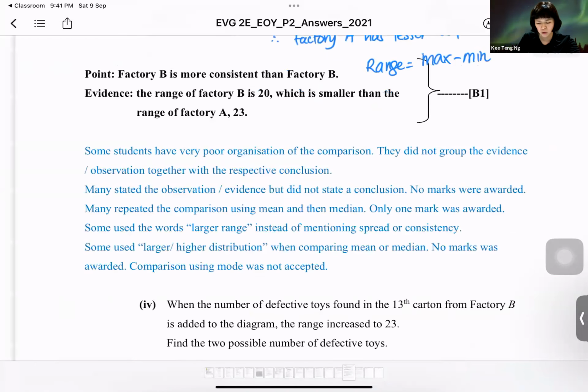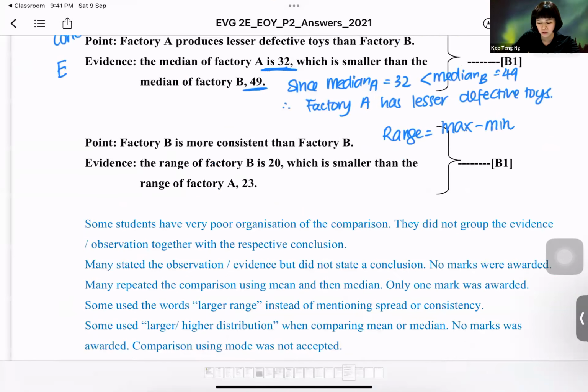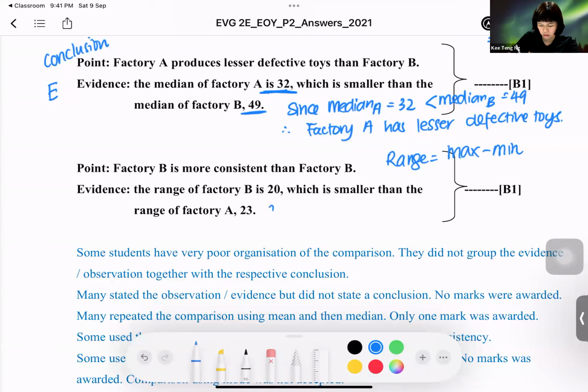So to state the evidence, I say since range of B, they want to say which one is more consistent. Also larger spread also can. 54 minus 34, which is 20, right?